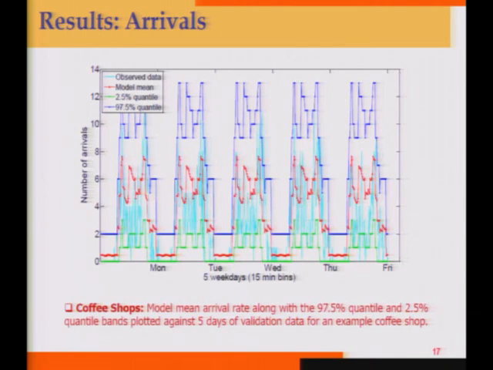We have 4 different colors here. The light blue cyan is the actual data, and of course there are a lot of ups and downs. The red curve is the model plot from the previous graph. And the blue and the green ones are the 5% quantile plots, so this is the 97.5 and this is the 2.5 quantile.